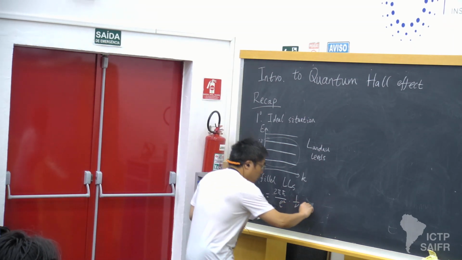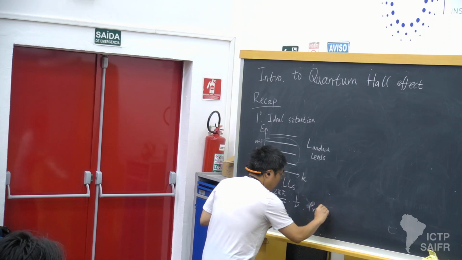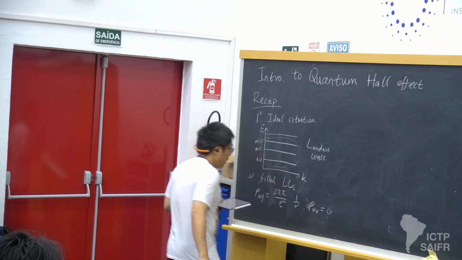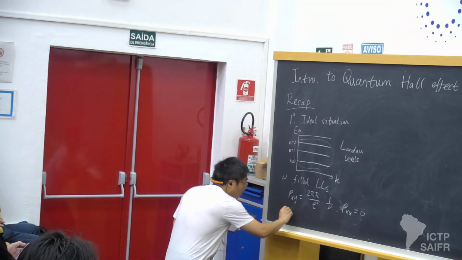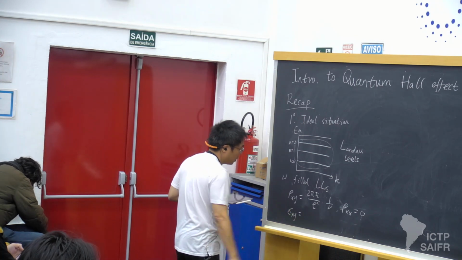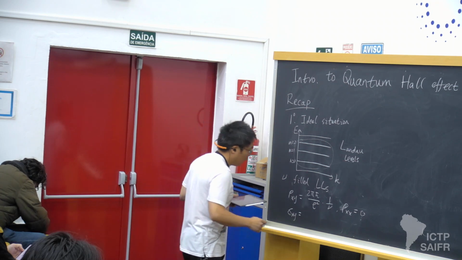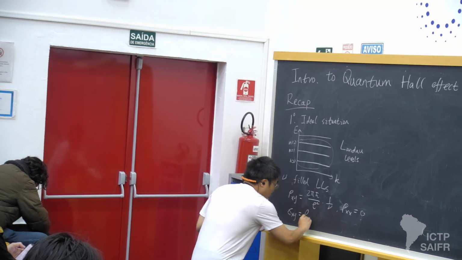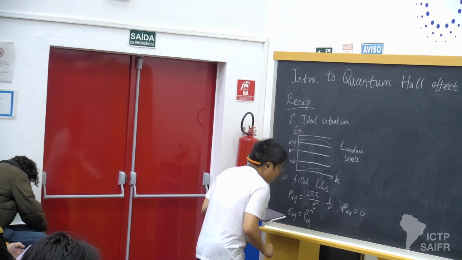And we also computed that ρxx equals 0, right? Alternatively, we can also use conductivity rather than resistivity to describe the system.